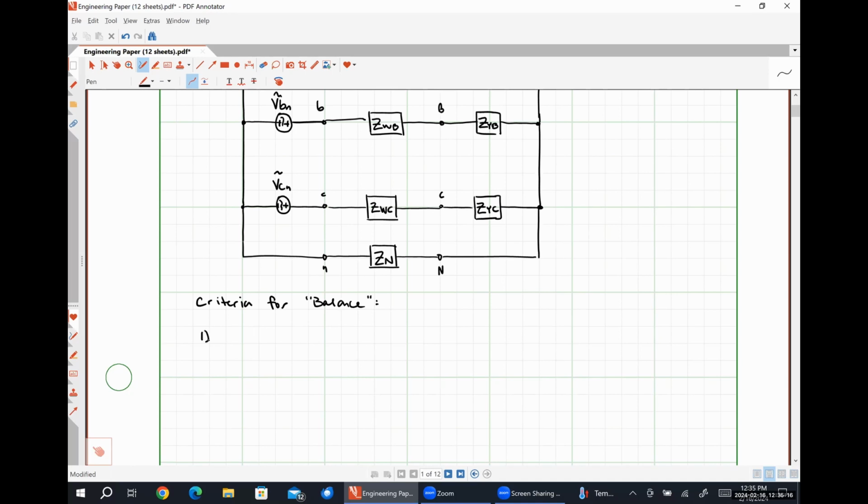So our first criterion is that the magnitude of the phase voltages at the source are equal.